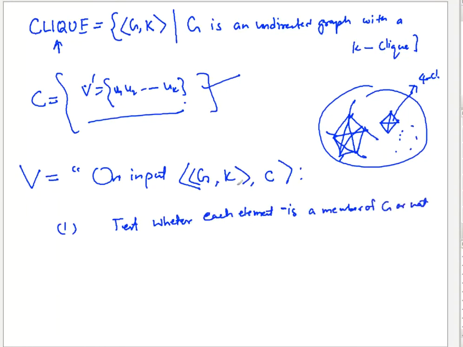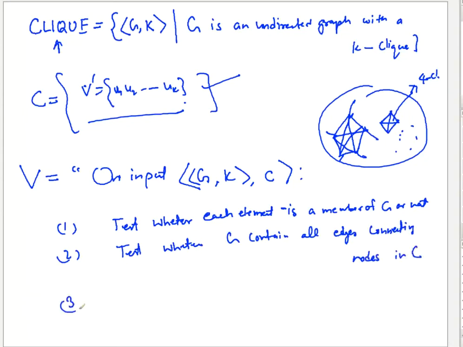In other words, whether all the vertices that you have given, the K nodes, are members of G, and that it is a valid subset. You are checking whether it's a valid subset or not. Second, you are going to test whether G contains all edges connecting the nodes in C.